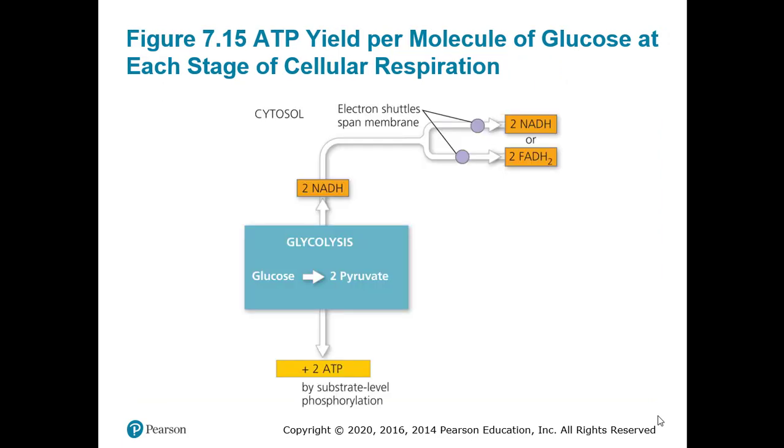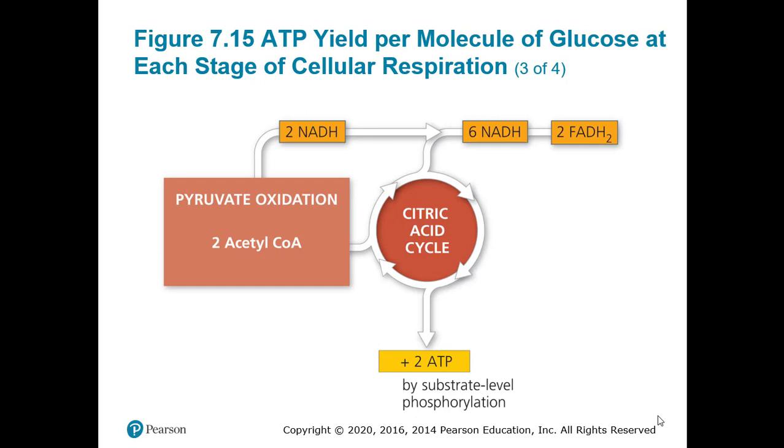So again, we get 2 ATP at the end of glycolysis. We had to add 2, but we made 4, so we're up 2. Your NADHs are either going to shuttle to 2 NADHs or 2 FADHs with the pyruvates. Okay. At the end of the citric acid cycle, we now have had 6 NADHs plus 2 FADH2s.